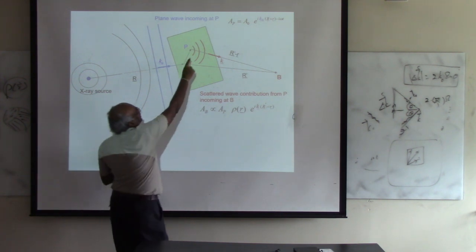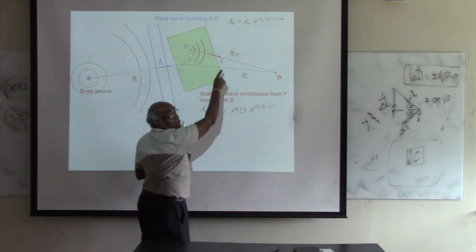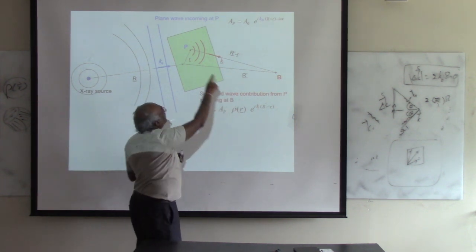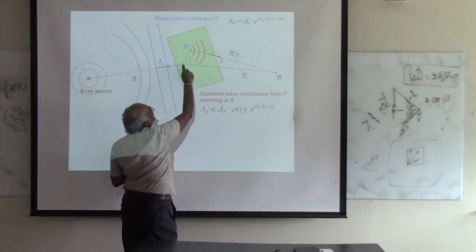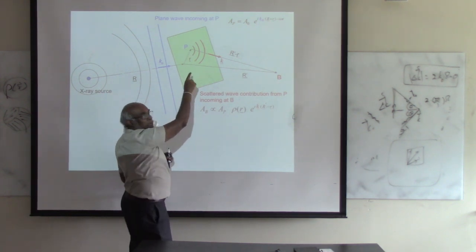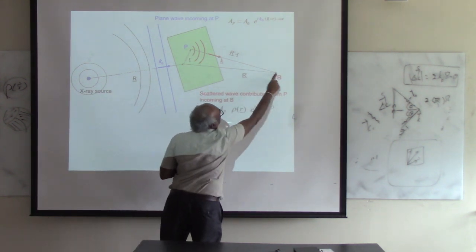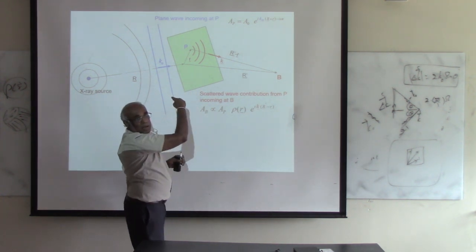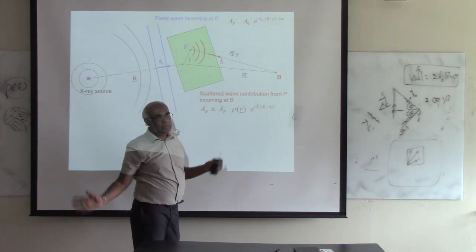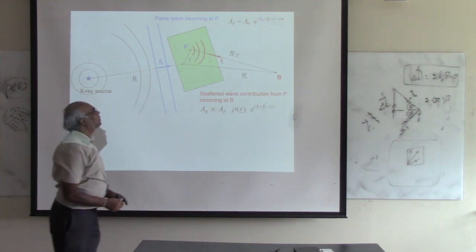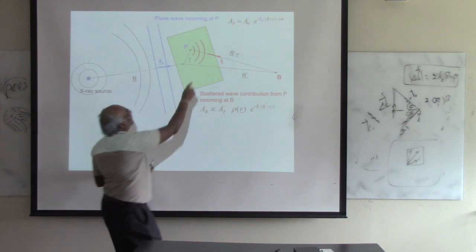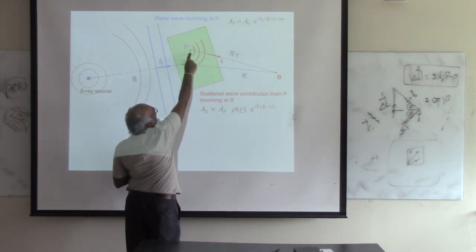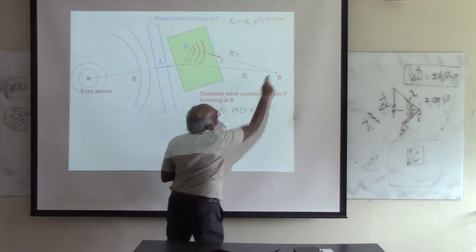From that, every point of this crystal is going to have X-rays coming from it. So you just consider some general point at position R, then calculate what your intensity is at this point. Then you have to integrate over all R to consider the entire crystal. That's it. It's not very difficult. So suppose here my intensity is, say, A_p at this point, then what is the intensity at this point?